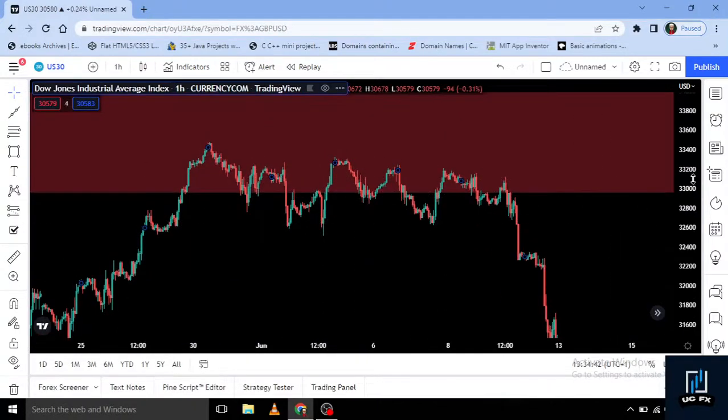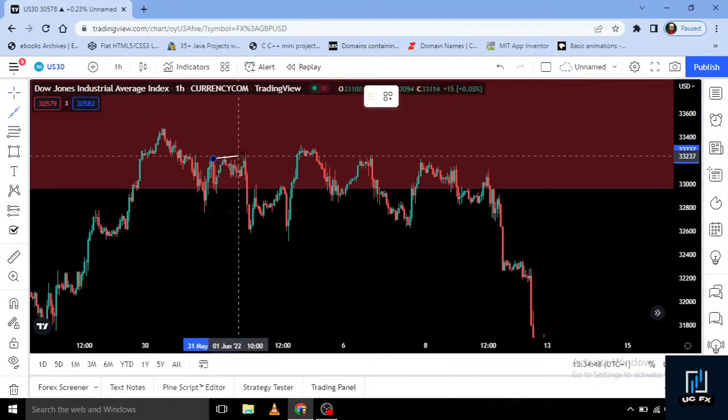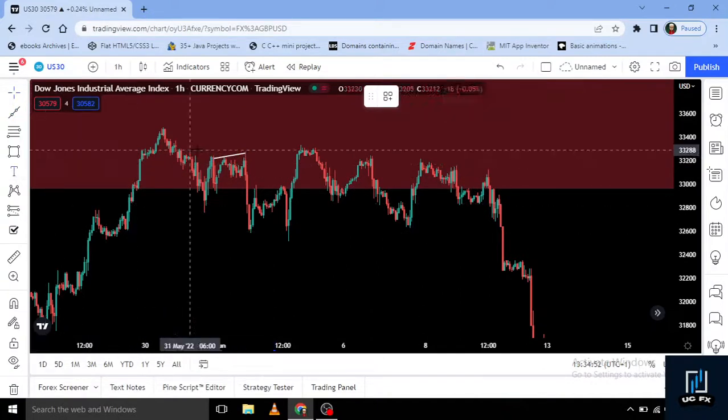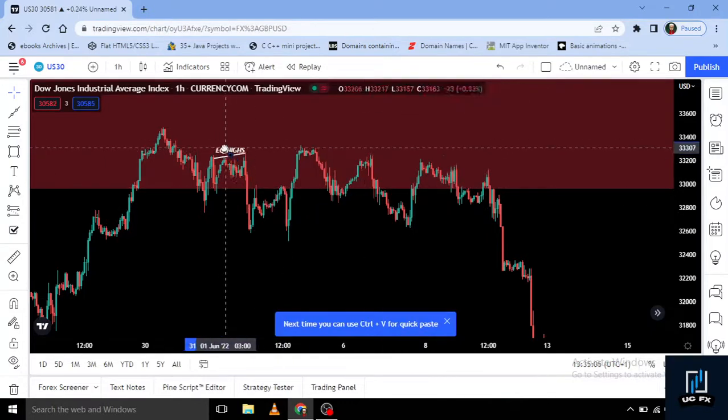Right here on the 1 hour chart, you can agree with me that we have an equal high here. We have equal high there. We have equal high right here.